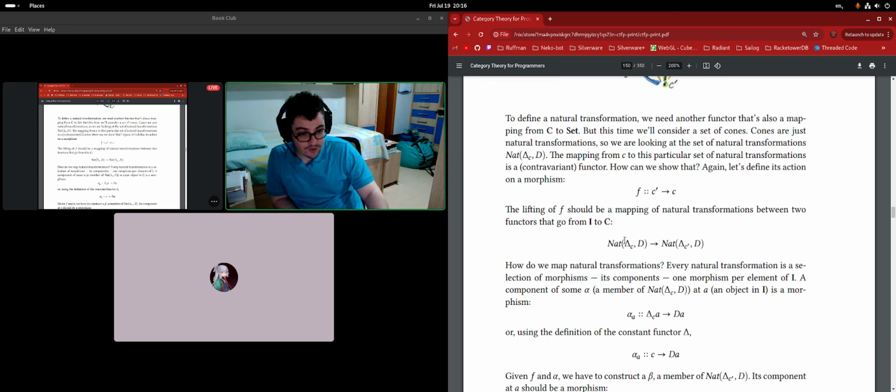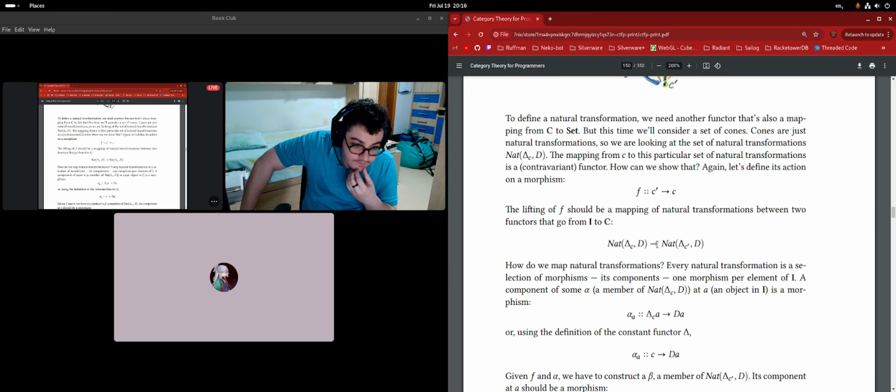This notation is already using the same terminology as before, so it's well written. It's my fault, because this is the same delta C from all the way up there, and this is the same D as well. So these are the two functors, but I think the text should also say that. Cool. Because this is basically mapping a cone to another one.